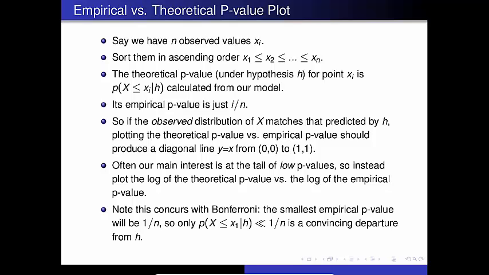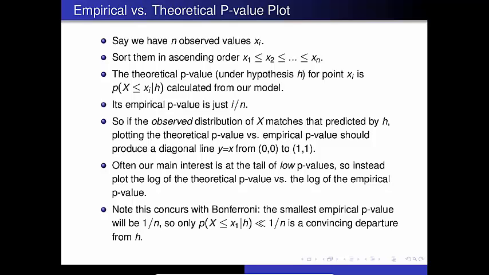So let's take the simple case, what if our hypothesis really is rejected, okay? So we've got a whole bunch of experimental observations, and they all have really small p-values, right? So I think you'll agree that when we display this graph, we're going to have a whole bunch of them as really, really small p-values, whereas empirically what we would expect is just a uniform distribution from 0 to 1.